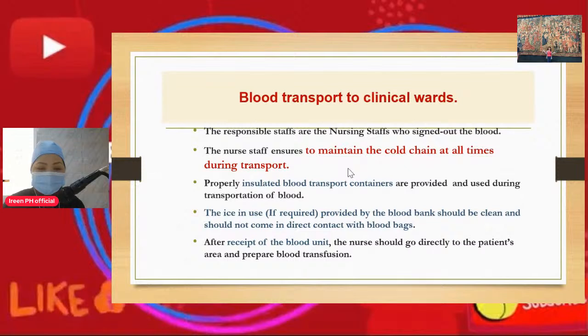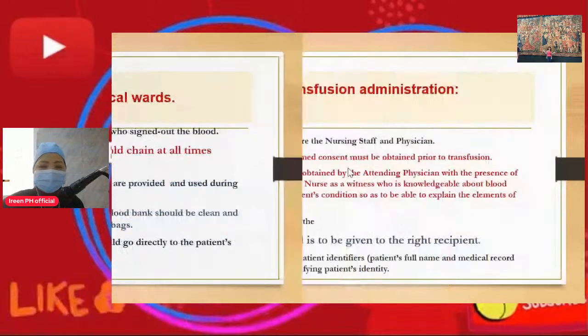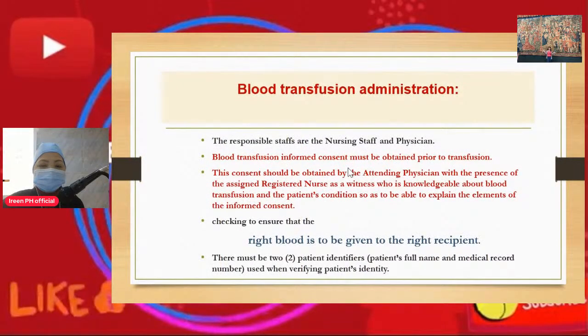The ice in use, if required, provided by the blood bank should be clean and should not come in direct contact with blood bags. After receiving the blood unit, the nurse should go directly to the patient's area and prepare blood transfusion. The blood transfusion administrations, the responsible staff are the nursing staff and physician.